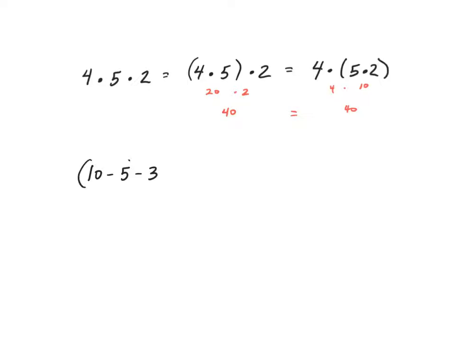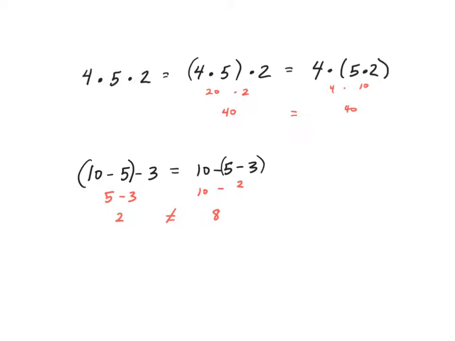And I can group the 10 minus 5. And then if the associative property works, I should be able to also group the 5 minus 3, and this should be a true statement. So let's check this. 10 minus 5 is 5. 5 minus 3 is 2. 5 minus 3 on the other side is 2. And 10 minus 2 is 8.